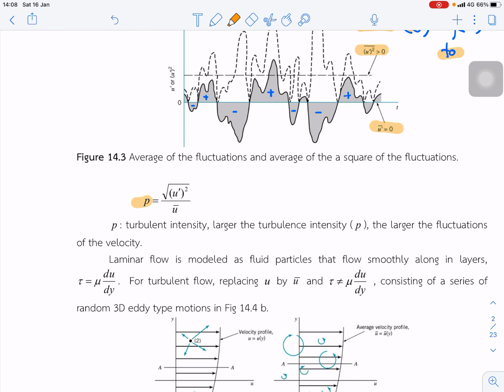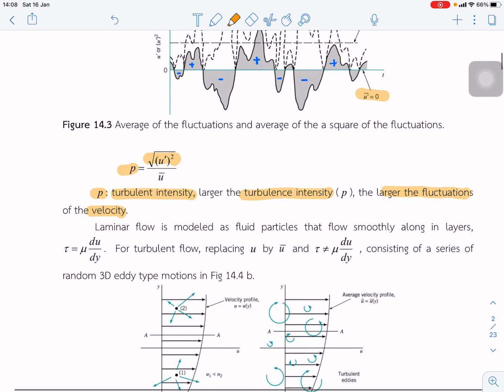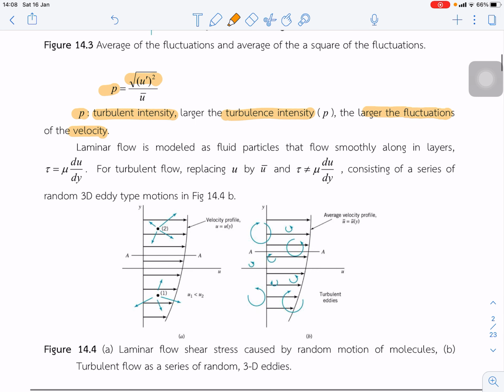To find the turbulent intensity, we use the square root of the average of u prime squared divided by u bar. The larger the turbulent intensity, the larger the fluctuation of the velocity. Laminar flow is modeled as fluid particles that flow smoothly along the layers.